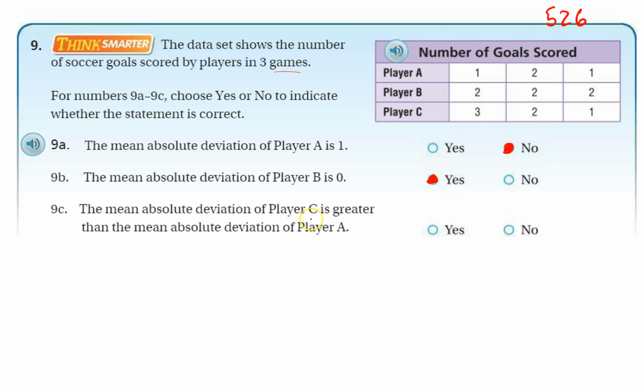The mean absolute deviation for player C is greater than the mean absolute deviation for player A. So we know the mean absolute deviation for player A was less than 1.